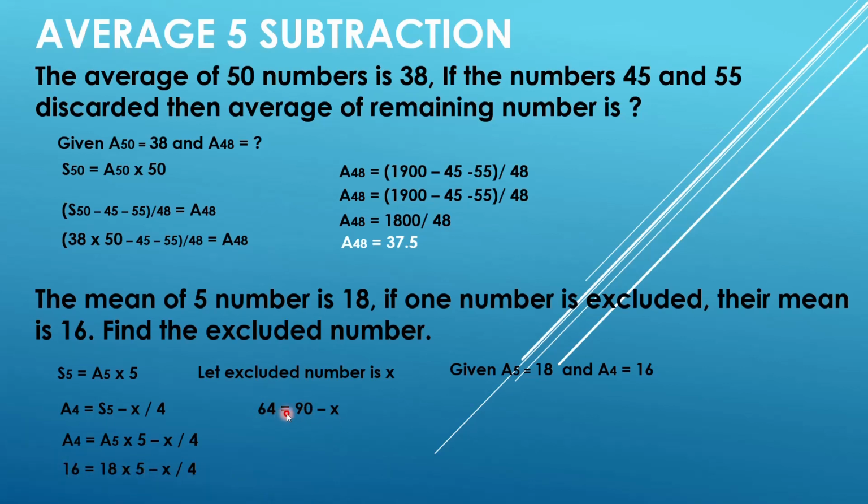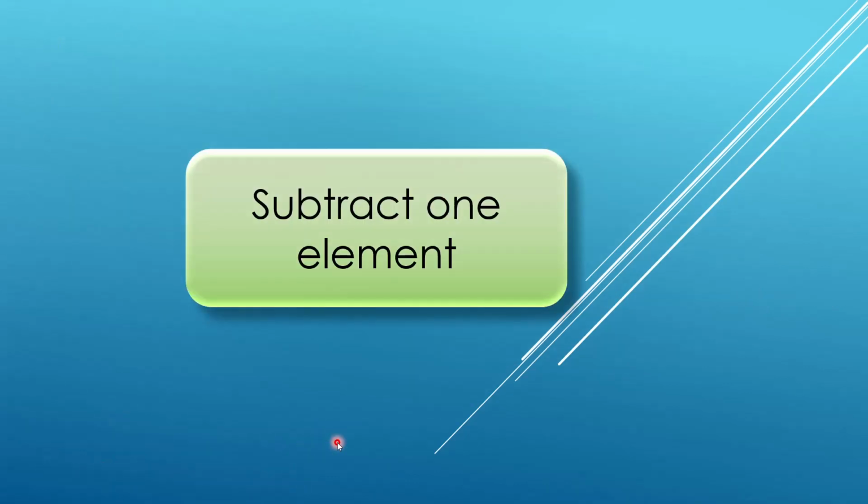So 64 is equal to 90 minus X. Then moving 64 over, X is equal to 90 minus 64, which is equal to 26. So that number should be 26.